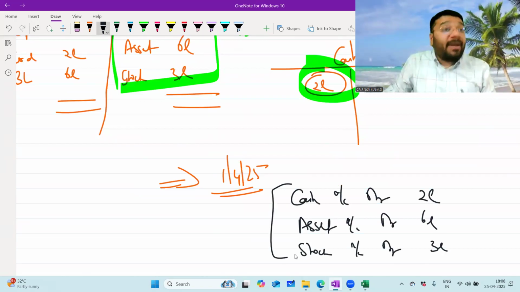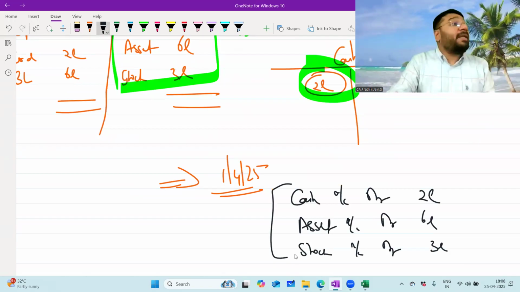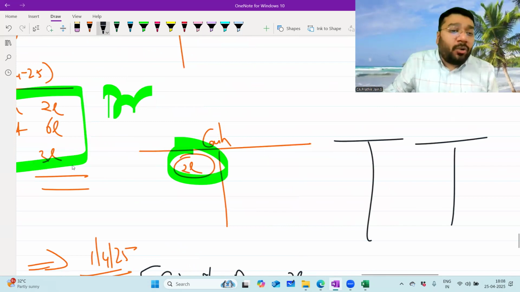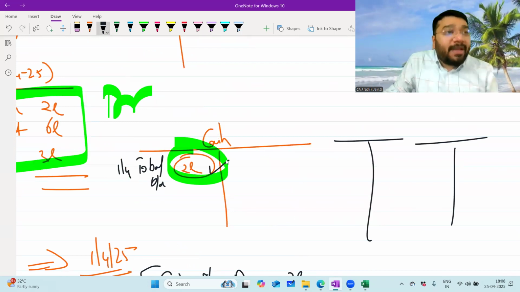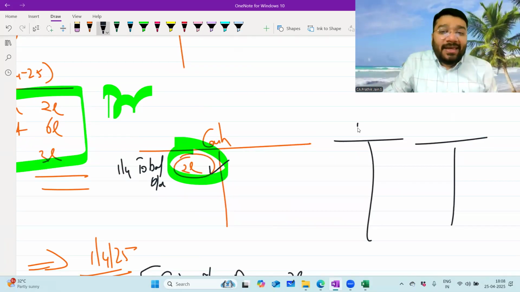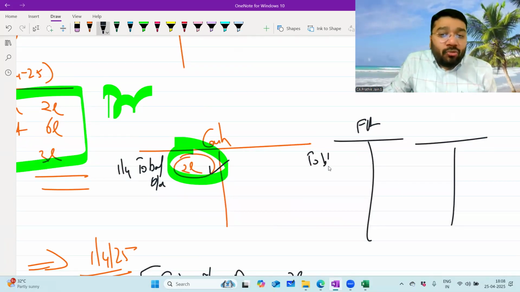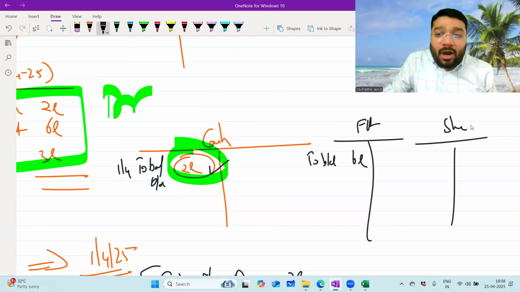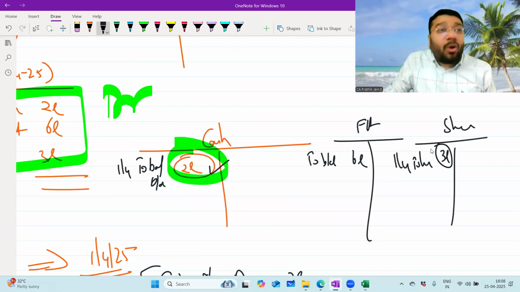The moment I debit the assets in the current year as the opening journal entry, all the ledgers will start having their opening balance. So in the cash account, on 1-4, to balance brought down 2 lakh automatically will appear. In the fixed asset account, to balance brought down 6 lakh automatically will appear. In the stock account, on 1-4, to balance brought down 3 lakh will automatically appear.